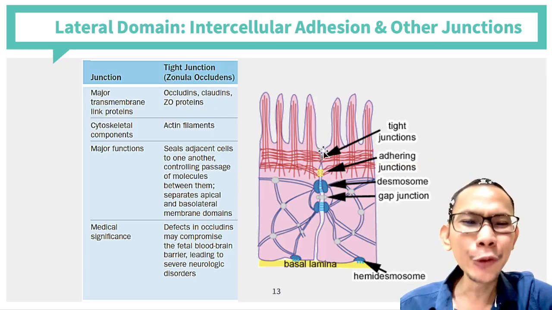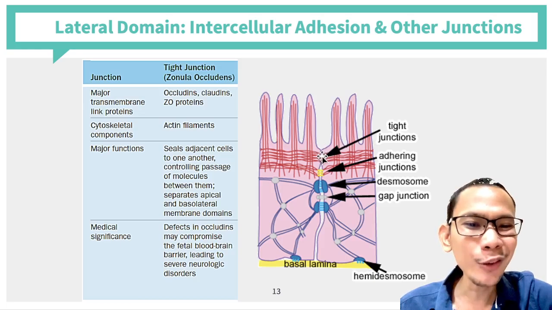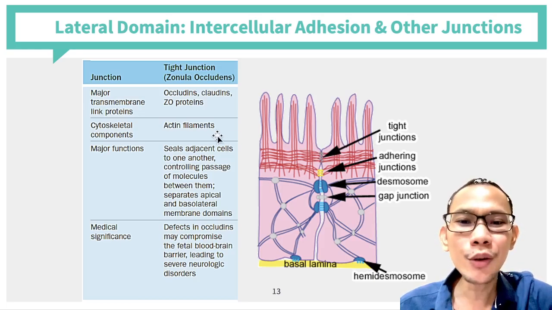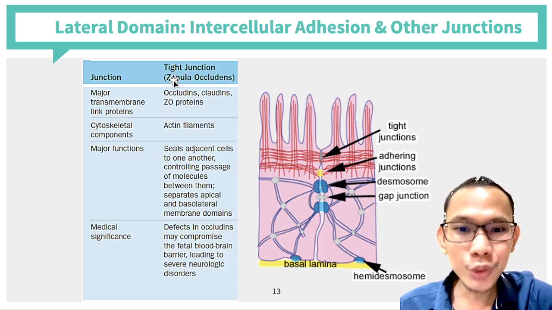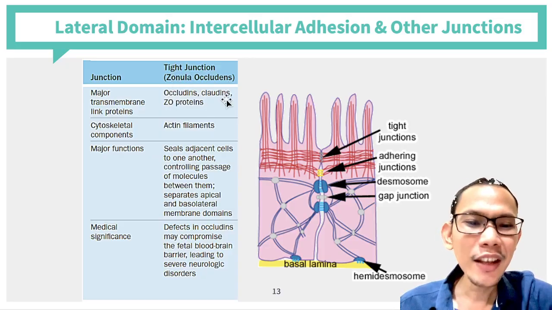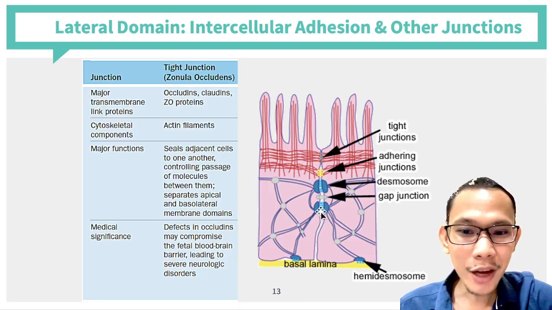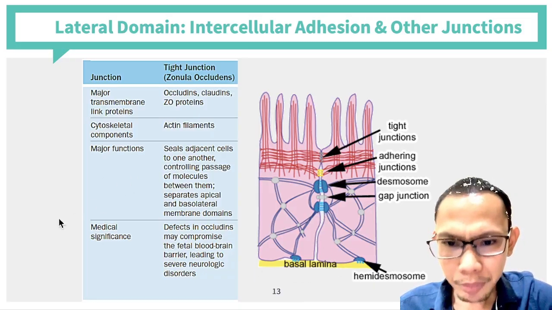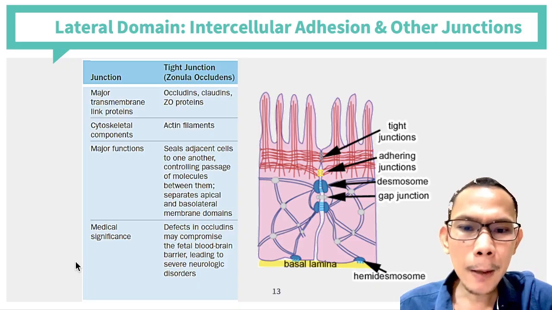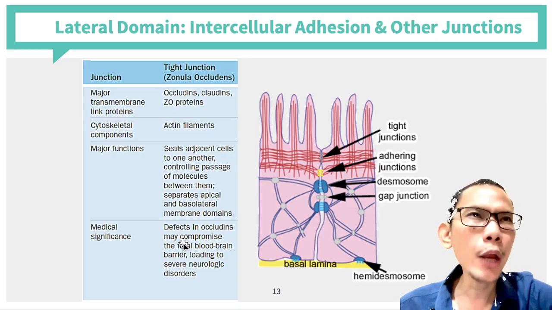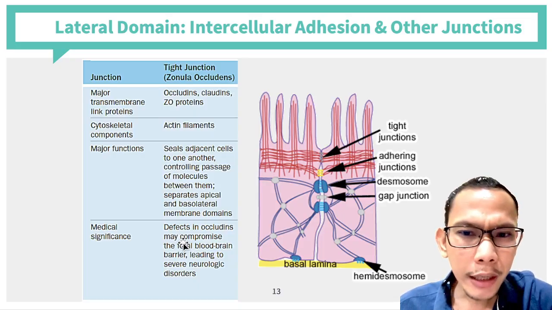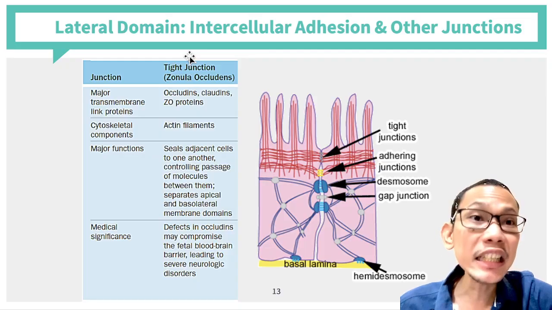So what's the reason why we have a sealing effect here? It's because of these proteins, the occludin and your claudin. So again, just remember, it basically separates your apical from your basolateral domain. Please remember that. Medical significance, of course, at your level right now, I would rather go directly to the things that are needed at your level.